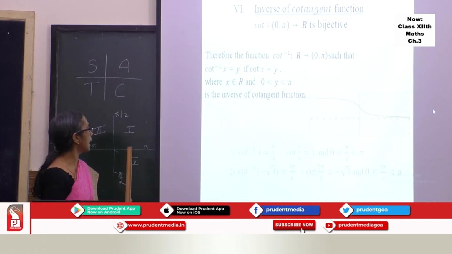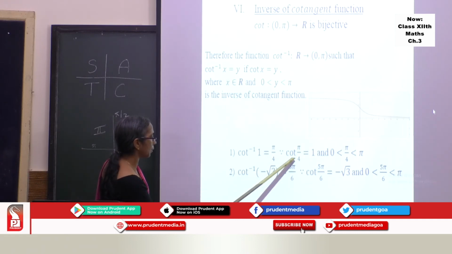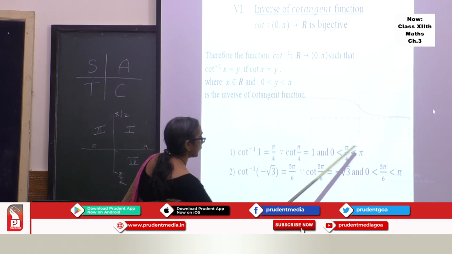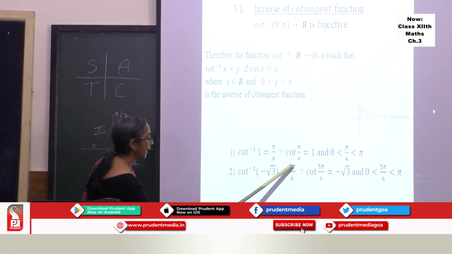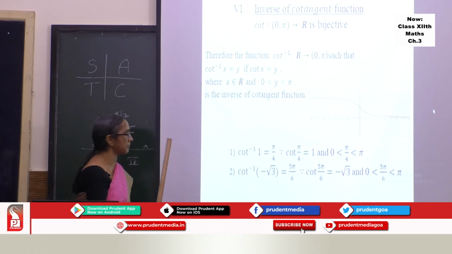So, here are examples. Cot inverse of 1 is pi by 4, cot of pi by 4 is 1 and pi by 4 is between 0 and pi. Cot inverse of minus root 3 is 5 pi by 6. 5 pi by 6 means pi minus pi by 6.